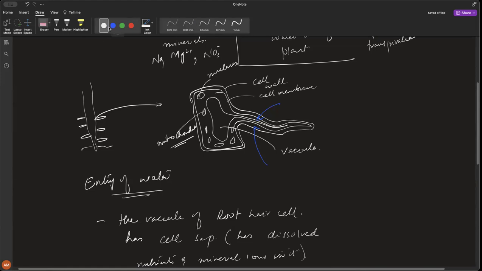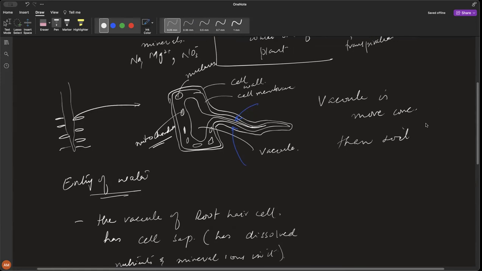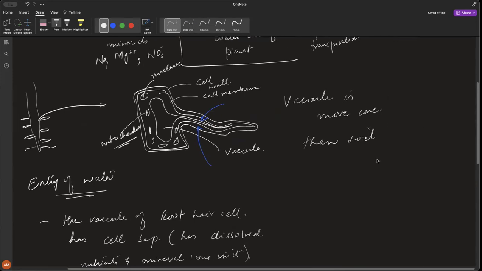So you can say the vacuole is more concentrated than soil, right? So soil has more water, higher water potential. So the water moves from the soil into the vacuole. Is this clear up till now?